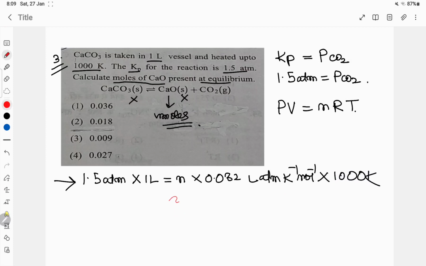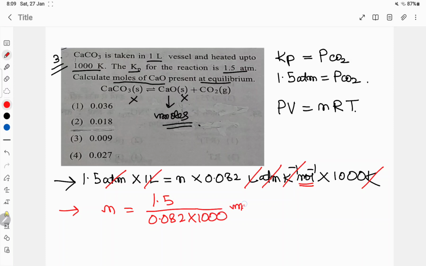Let's cancel the units first: atm, liter, Kelvin inverse, Kelvin. The only unit left will be mole. So n is equal to 1.5 divided by 0.082 into 1000 mole, which is 1.5 divided by 82.